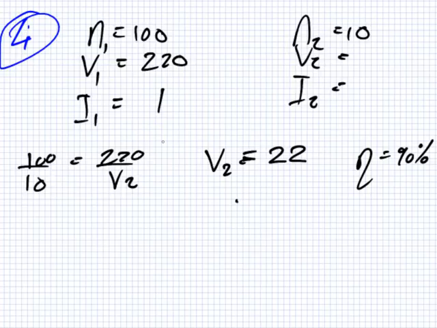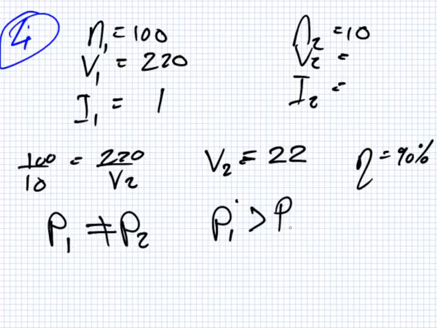So that means the I2 is not as big as you would like it to be, because it's not 100% efficient. So what's happened here is power in does not equal power out. In fact, power out is smaller than power in. Because of this.